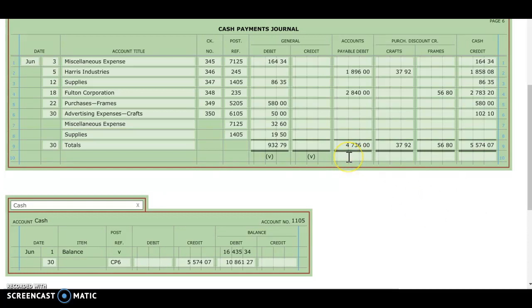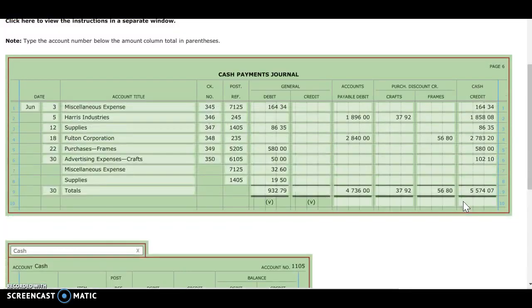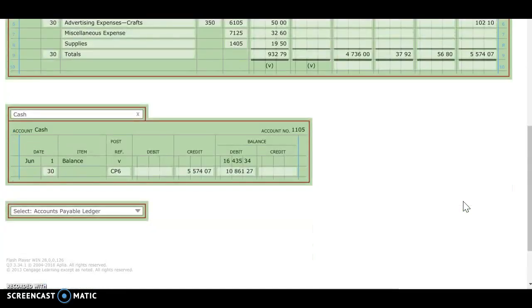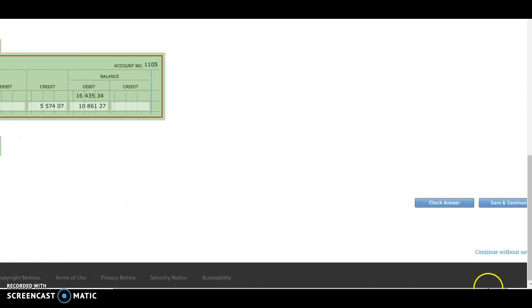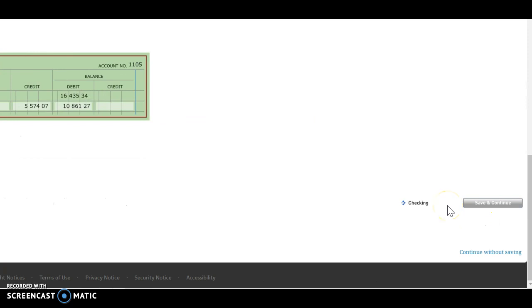Okay, so to tell us that we're done posting, we should have this post reference column filled in, and then we should have total or account numbers written underneath our totals. Since this would not let us put in the correct amounts, I'm just going to leave it blank for right now. Okay, I'm going to go ahead and say check answer.